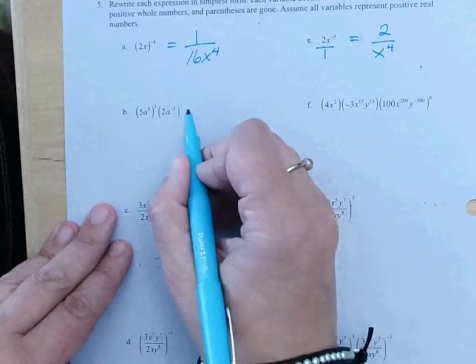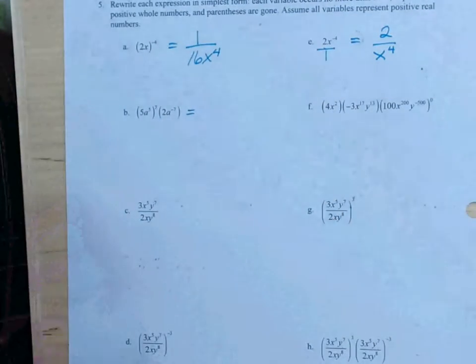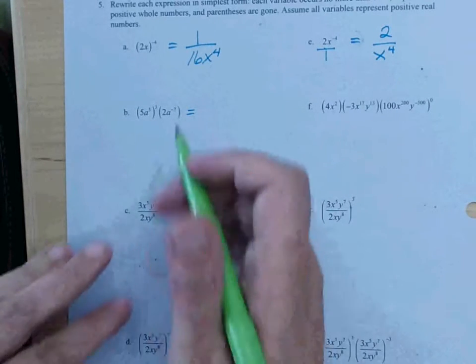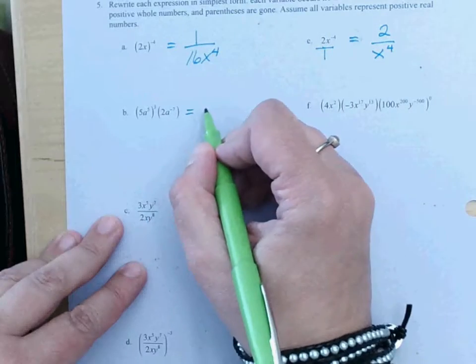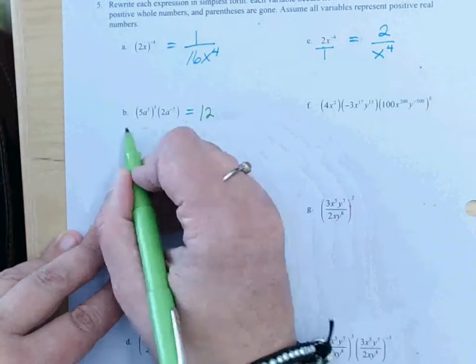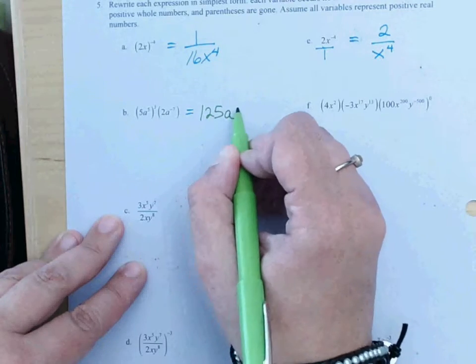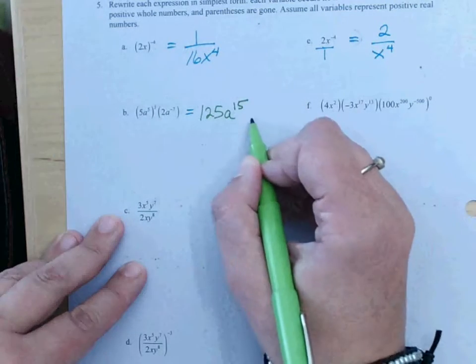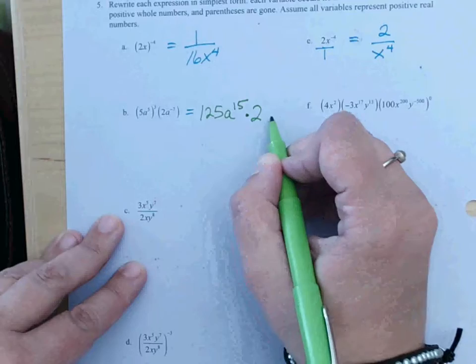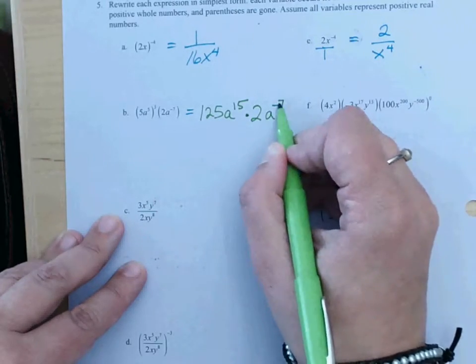Okay, let's look at this one. What should I do first? So take this to the third power. We have 125 a to the 15th times 2a to the negative 7th.